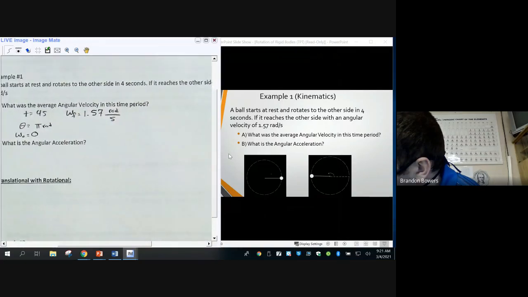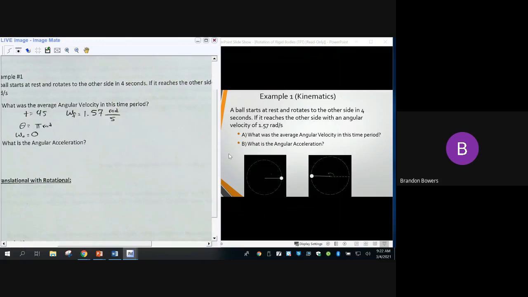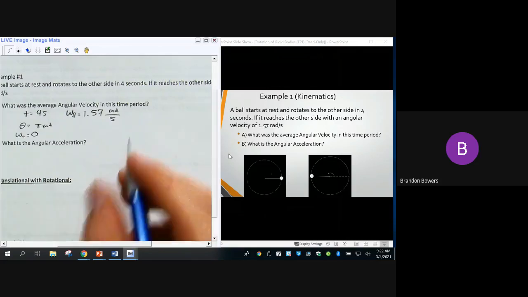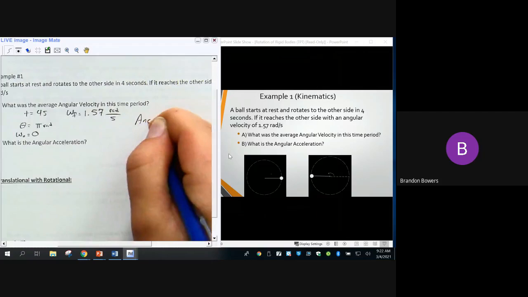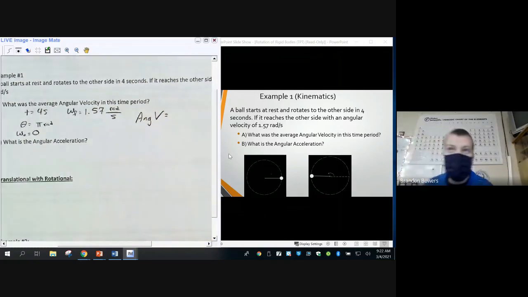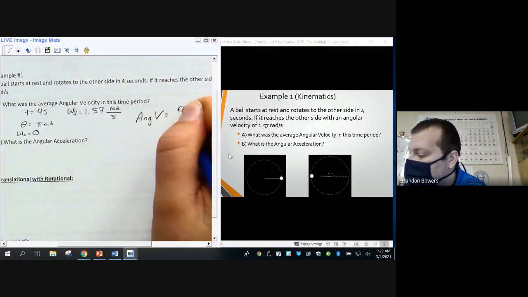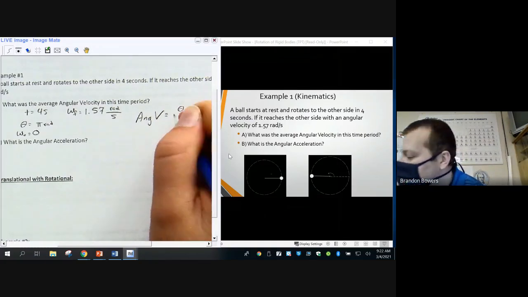So it says, what is the angular velocity in this time period? Well, what's my angular velocity equation? So instead of distance over time, we have theta over time.